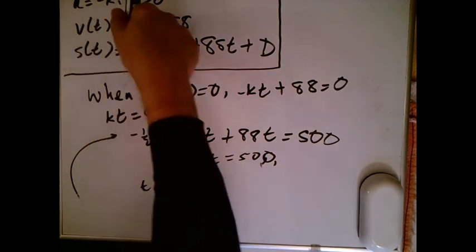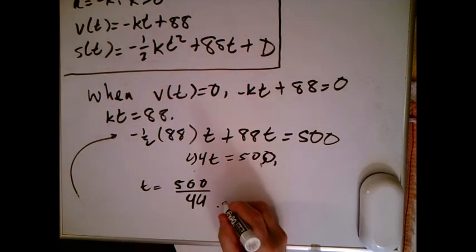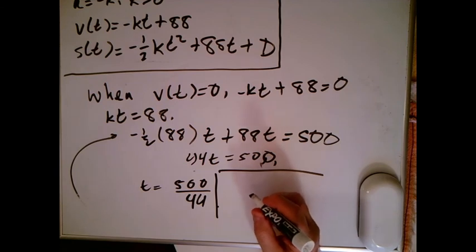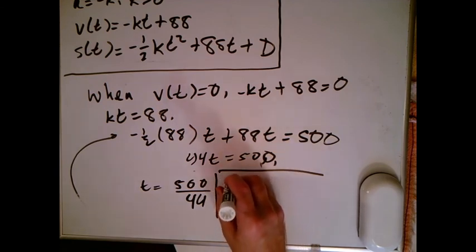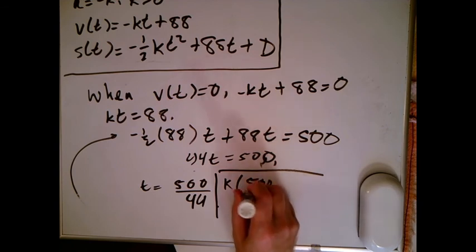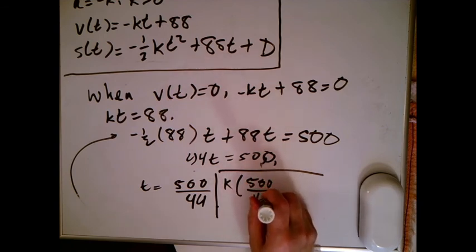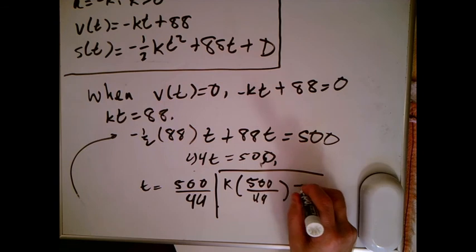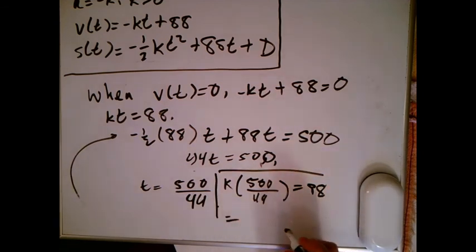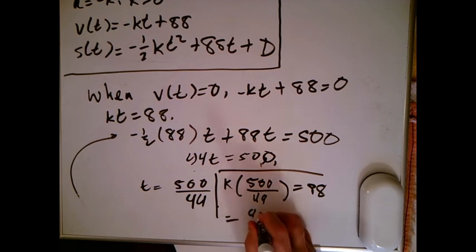We actually want how fast it's decelerating. So I'm going to plug back into our equation up there where it says kt equals 88. So k times t equals 88.